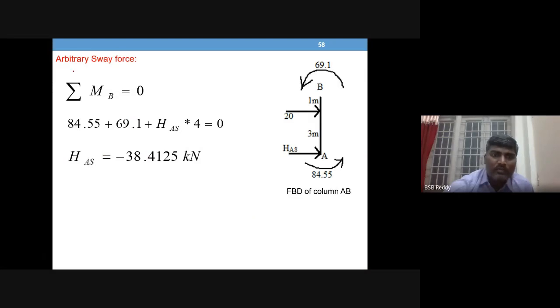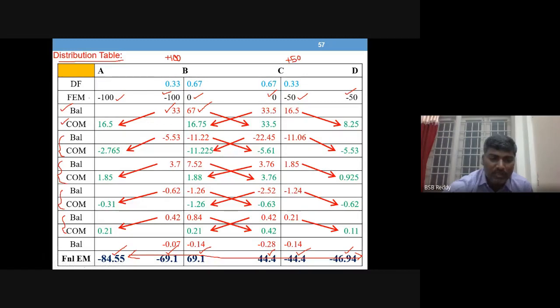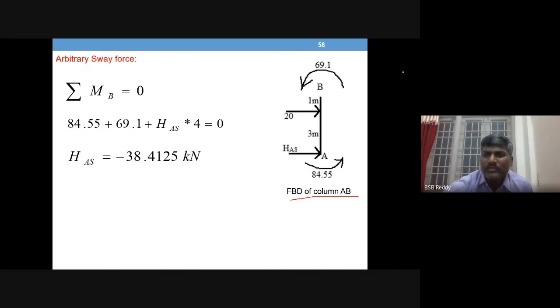Again go for the column AB free body diagram. The values are -84.55 and -69.1, both anti-clockwise. The load is again 20, but that shall not be taken. Take only sway. Just to represent the free body diagram, I have drawn the load.